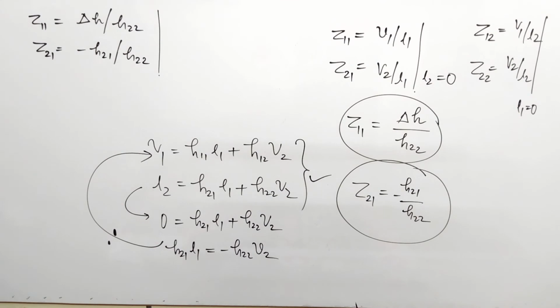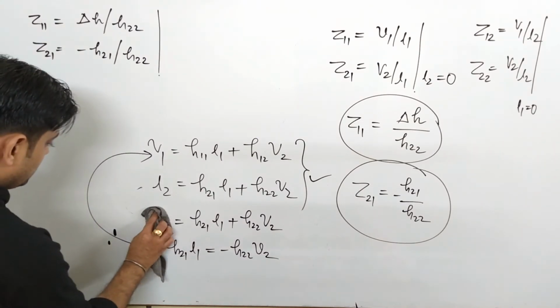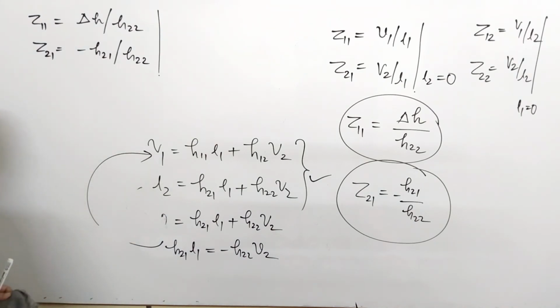Now for finding out z12 and z22, what is the condition? We have to take I1 as 0. Very important. We have to take I1 as 0. Now we'll see how we find it.